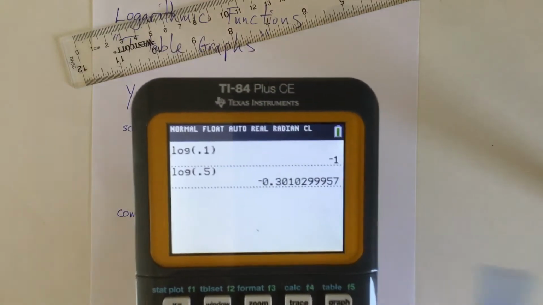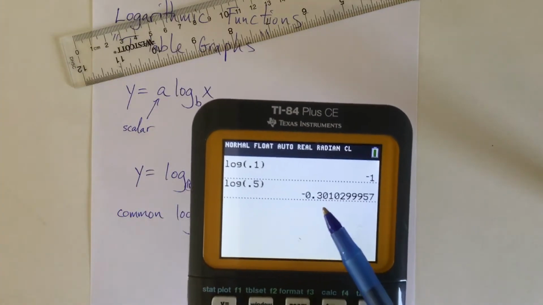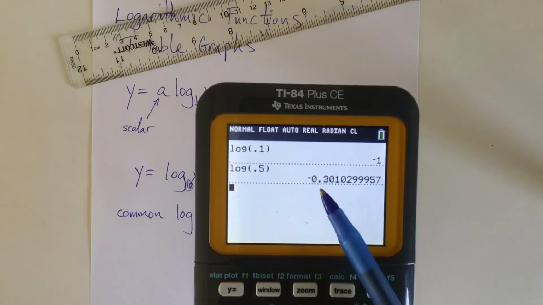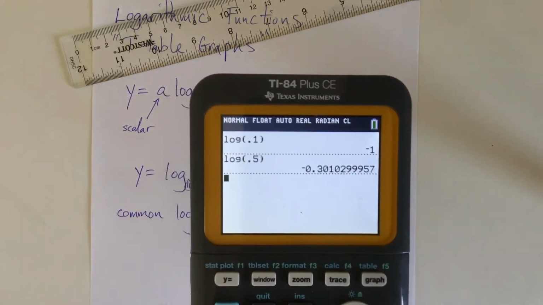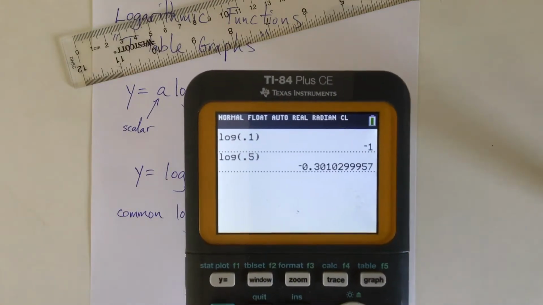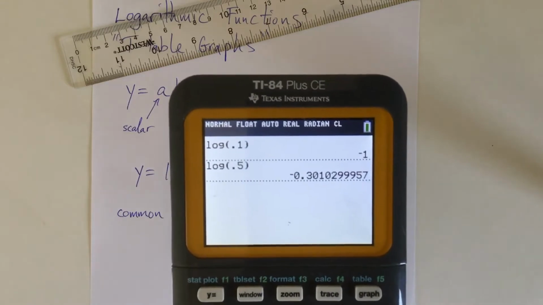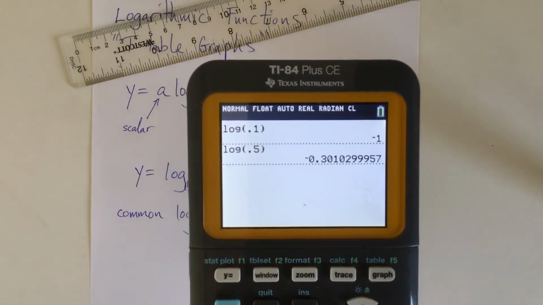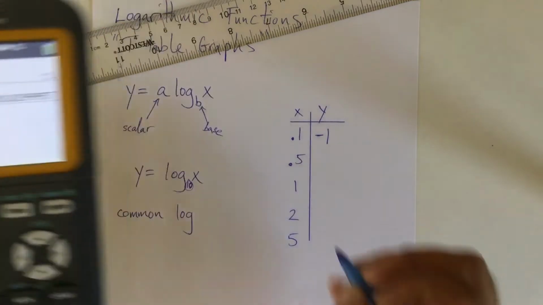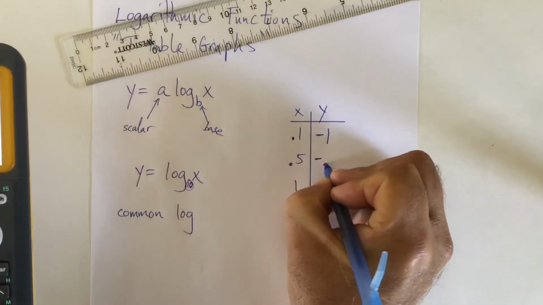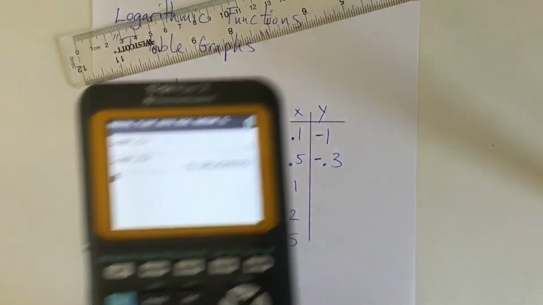When we start solving equations, we're going to need a lot of decimals. But if we're going to graph, we don't. We're going to round every decimal answer to the nearest tenth. So I'm going to round this one off to -0.3.